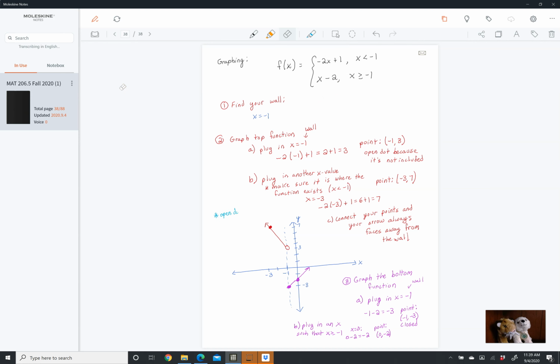Open dots only exist on walls. Okay? Arrows always face away from the wall. You don't want to indicate that the function is going through the wall.